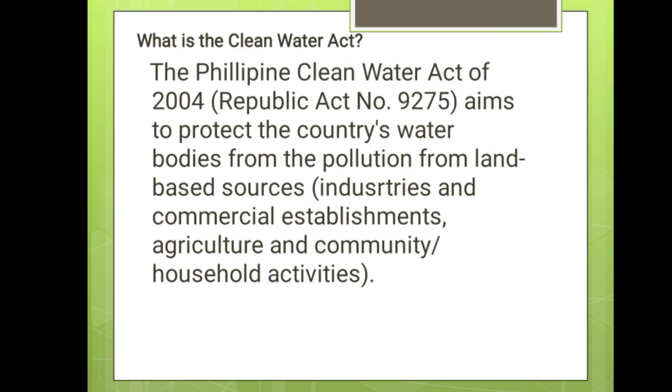So basically, this act was established to protect, preserve, and revive water quality of the country's sources. Importante ang Clean Water Act dahil nagkakaroon tayo ng low sewerage coverage, degradation of water quality from domestic waste, spread of waterborne disease, and decline in fish production.